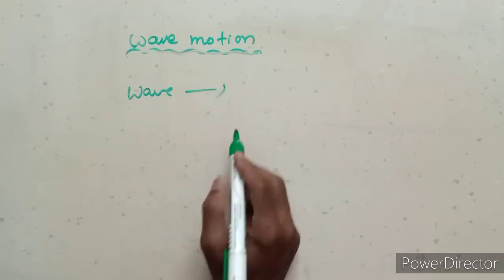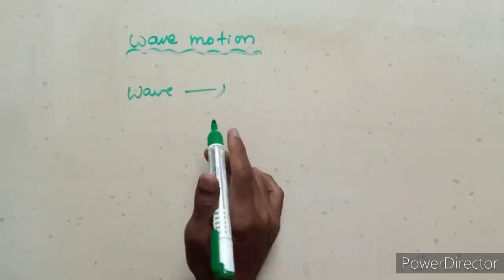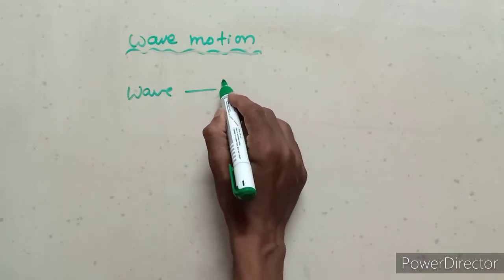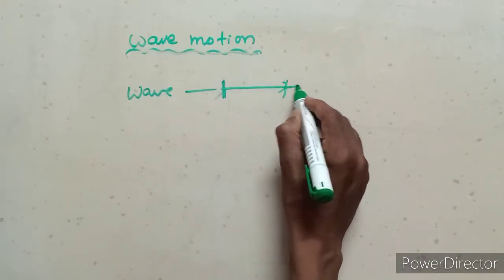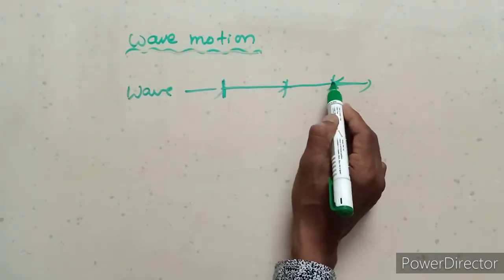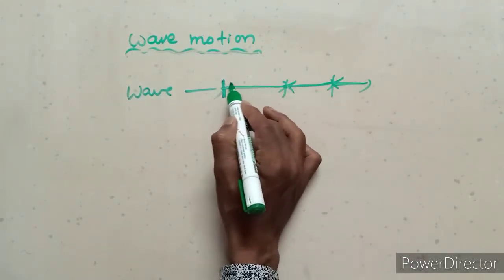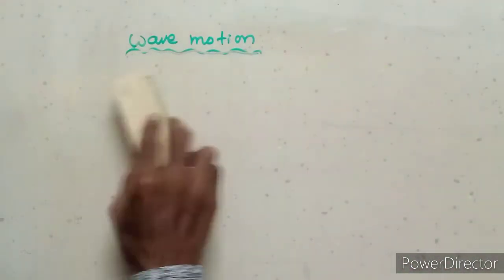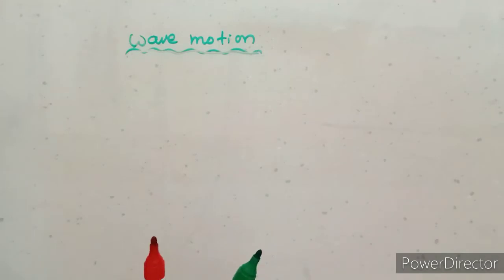Motion of the wave means some displacement travels from one location to another location. So this is the wave motion.